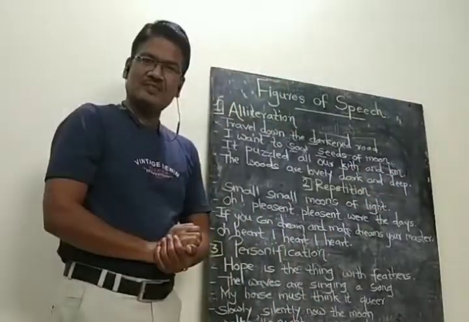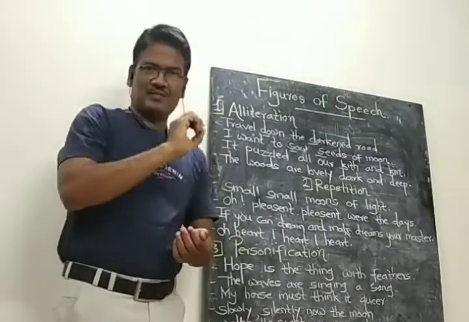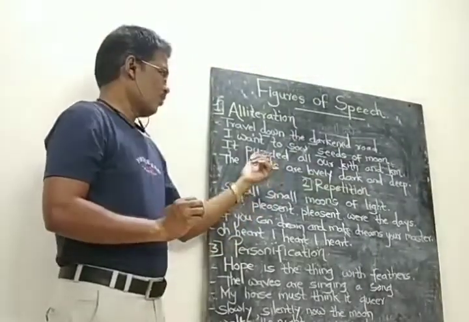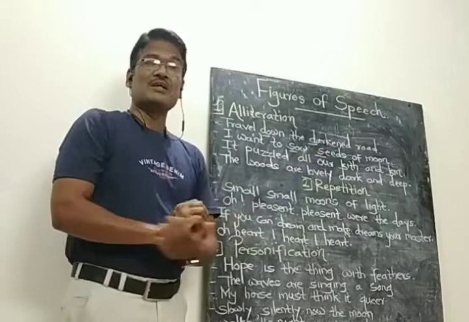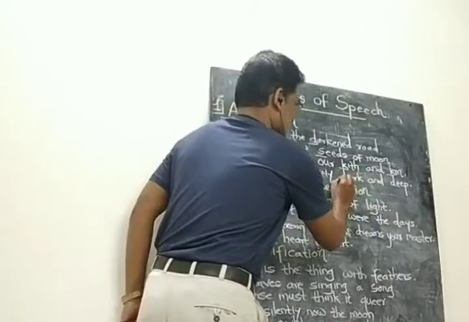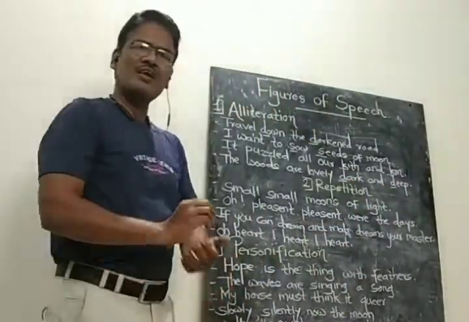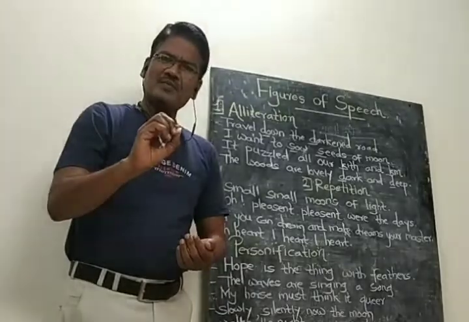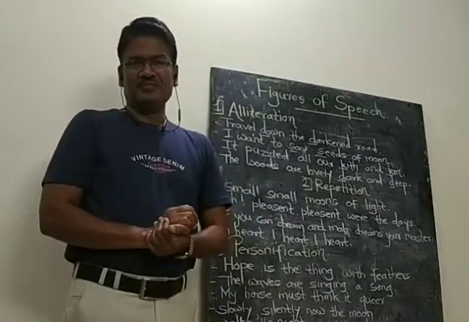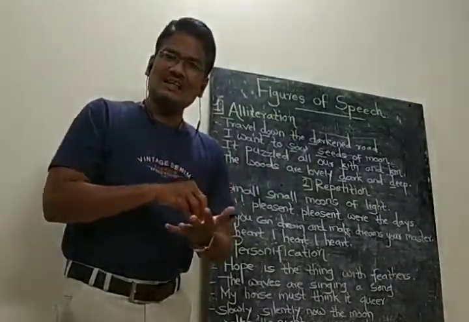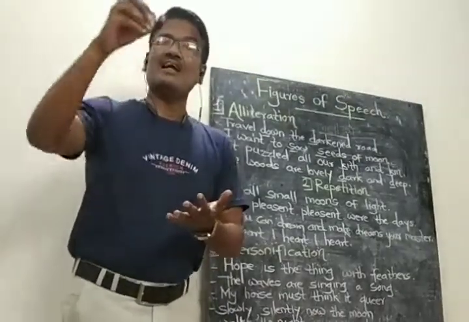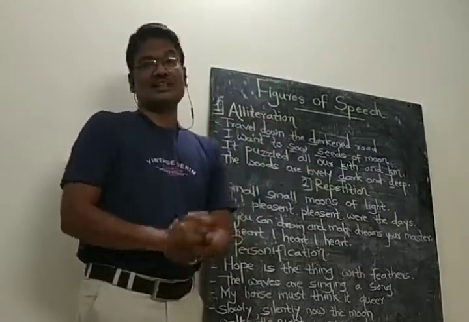In this sentence, sound K is repeated, hence it is alliteration. The woods are lovely, dark and deep. In this line, dark and deep, here the sound D is repeated. Hence it is known as alliteration.